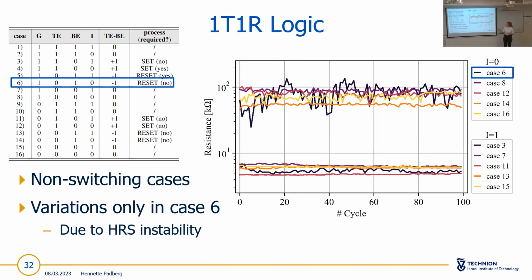When you look at the table, there the transistor is open and the voltage difference is -1, so a reset can happen, but the state is already 0. So the voltages should allow a process, but it's already 0, so there are still some variations, because there is always HRS instability.